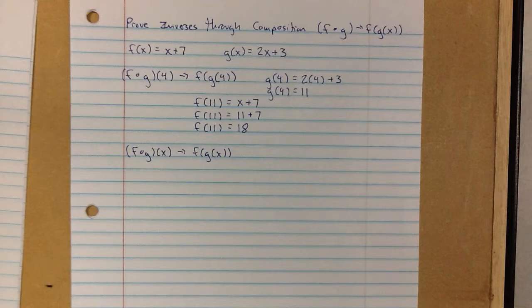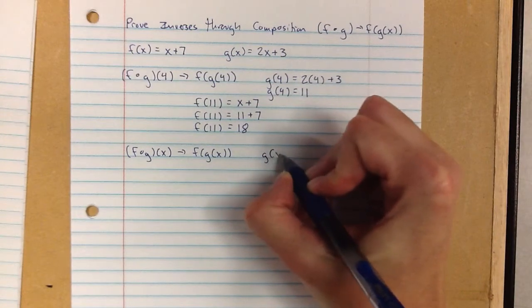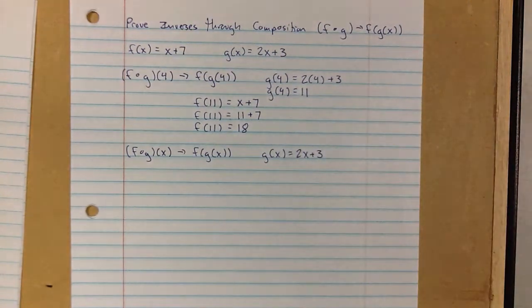Up at the top, 2x plus 3. So g of x is 2x plus 3. Where am I going to plug in that 2x plus 3? Where g of x is.